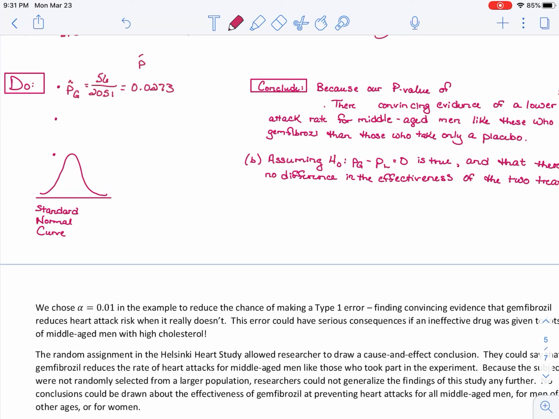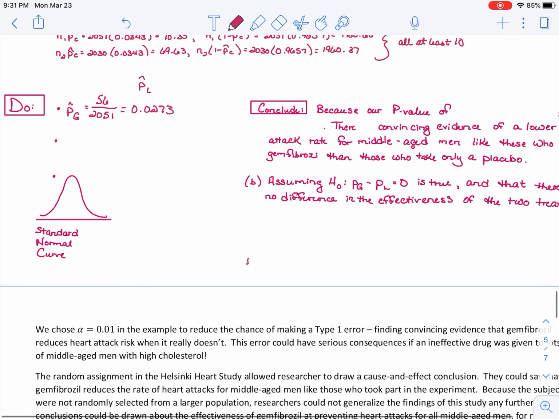I don't have quite room for this, but the proportion in the placebo group who had heart attacks is 84 out of the 2030.